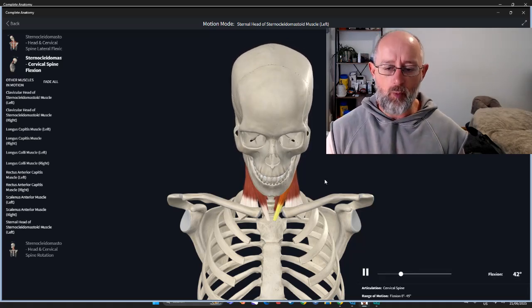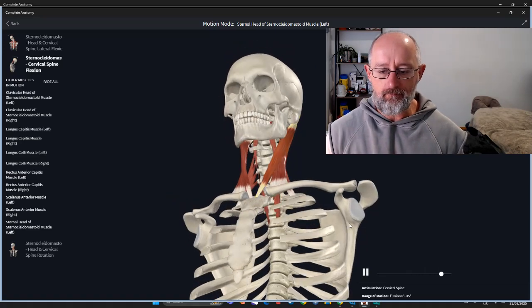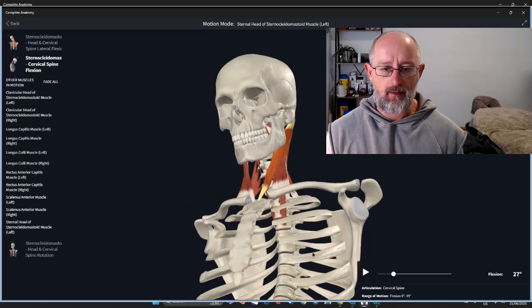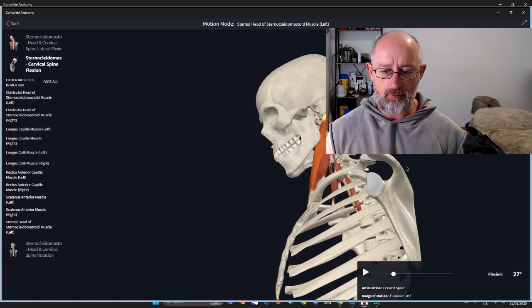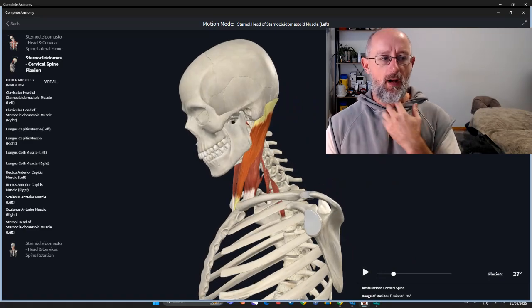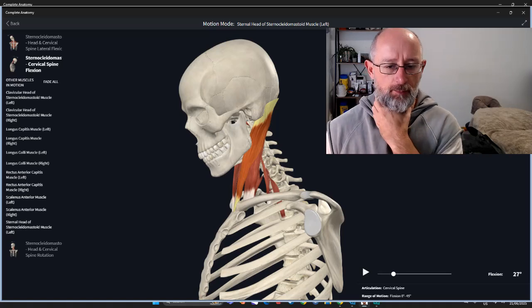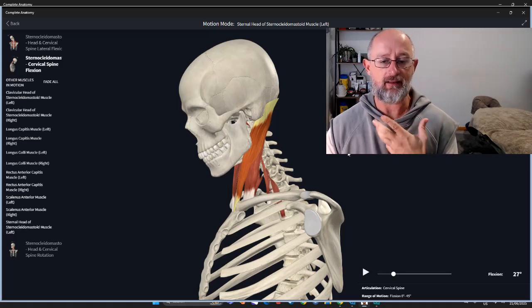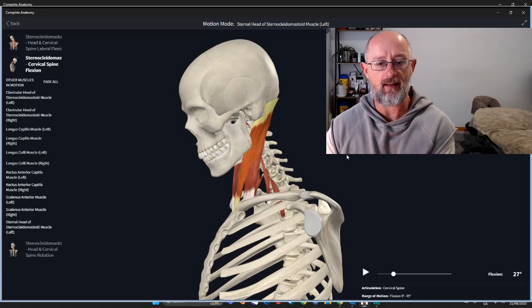Now, this is what happens when you get your computer monitor wrong or your setup wrong, or if you're doing a lot of driving, because often this muscle gets really tight through postural habits, usually relating to sitting, driving or at a desk.